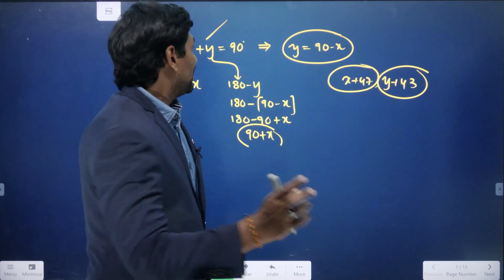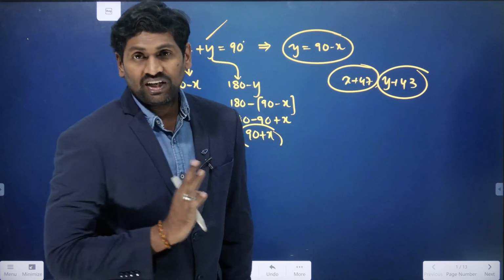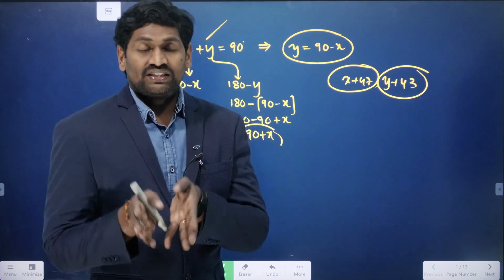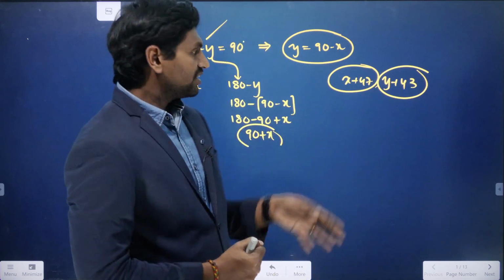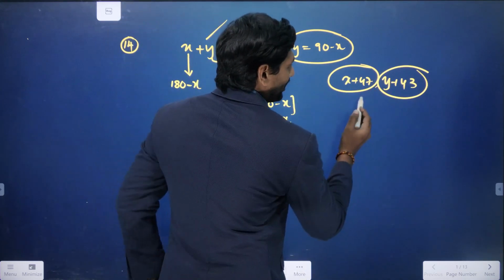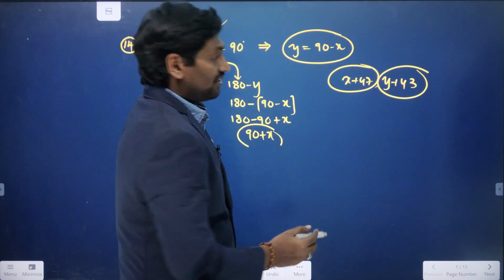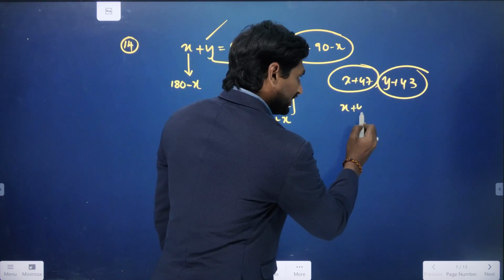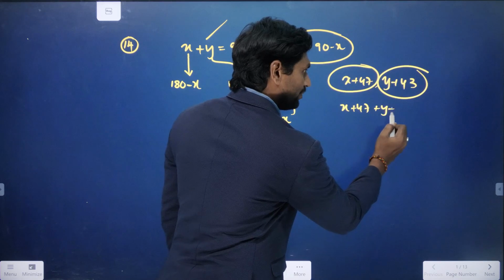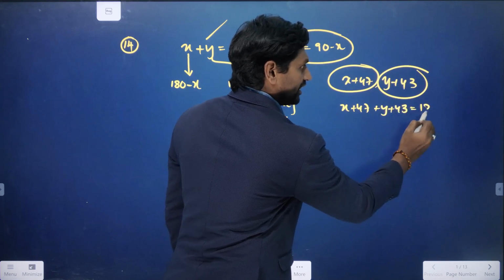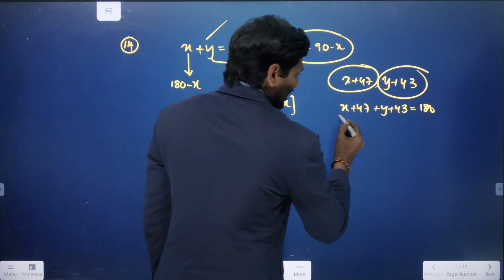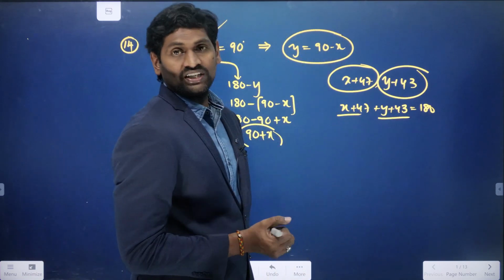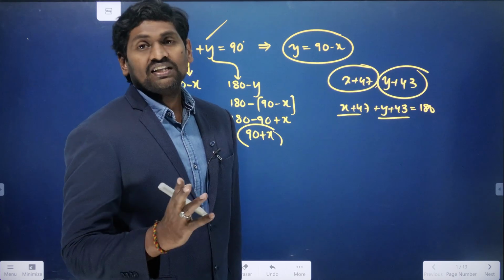Let us check the sum of these two angles: x plus 47 plus y plus 43 should equal 180.